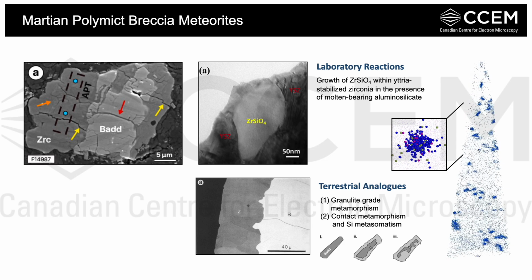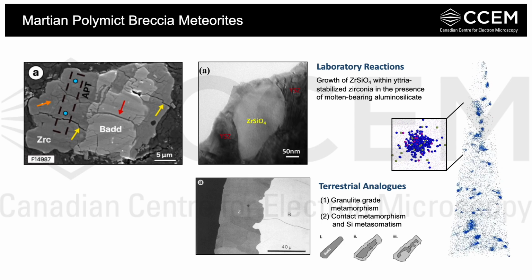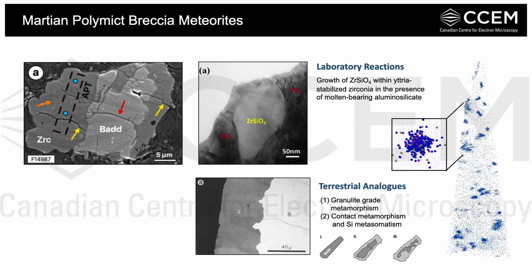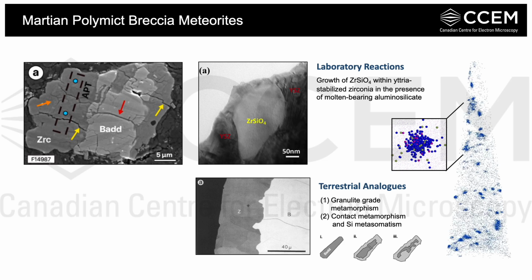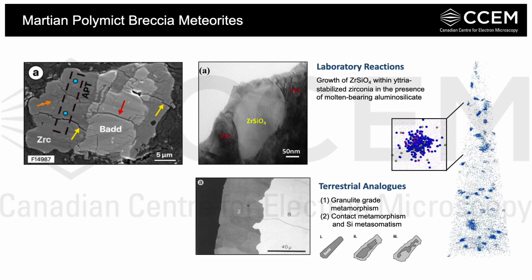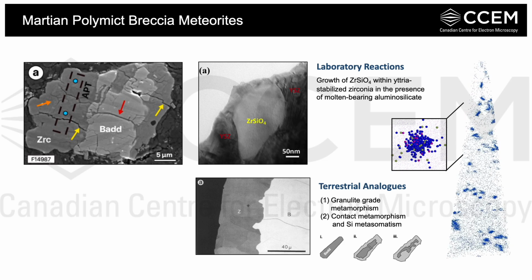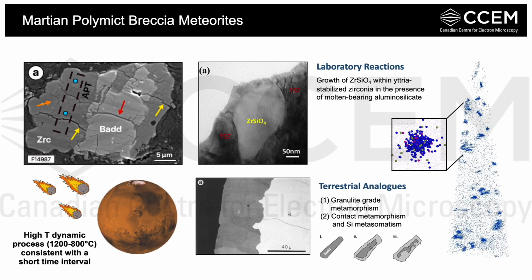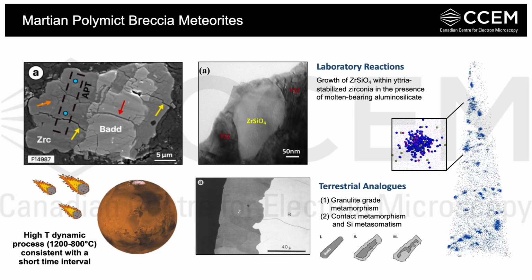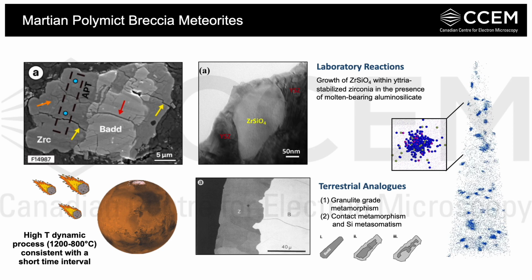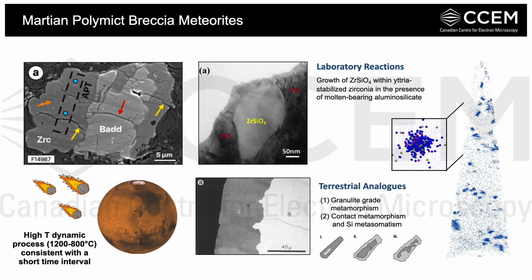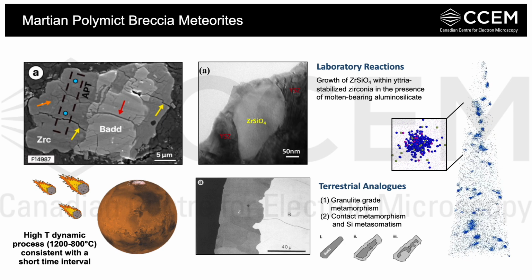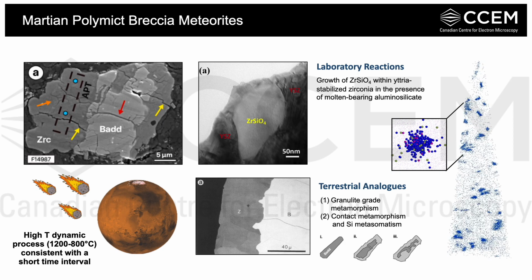And then the clustering of the iron suggests that this was likely a high temperature process. And this abbreviated high temperature reaction is possible given a scenario where the baddeleyite grain is, let's say, briefly encapsulated in a high temperature silica magma of either endogenic or impact origin.